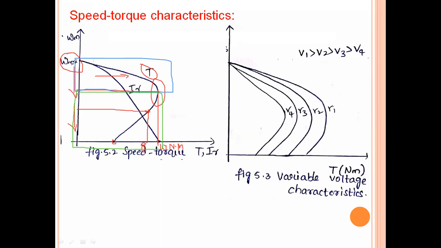In the first portion, both show an inverse relationship. In the second, green marked portion, both show a linear relationship, because the speed is decreasing and the torque is also decreasing. In the first region, both are inversely proportional. This is the advantage of the induction motor.